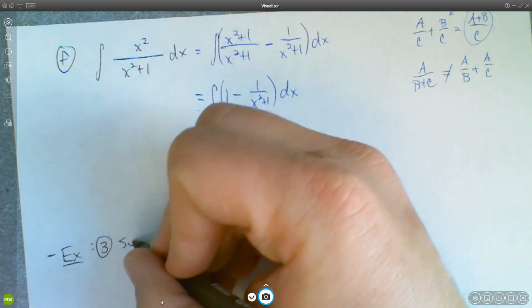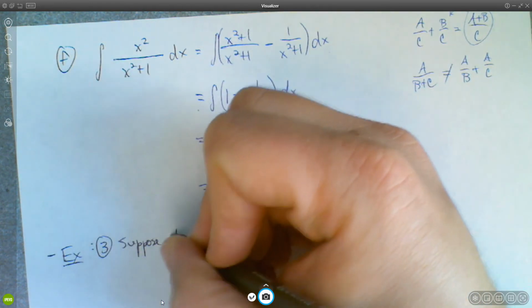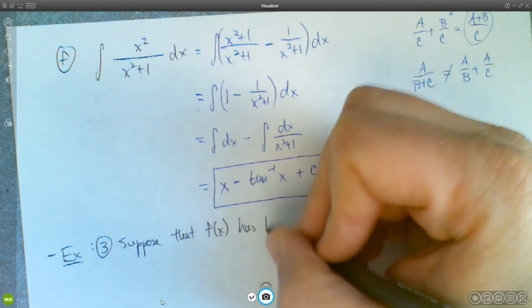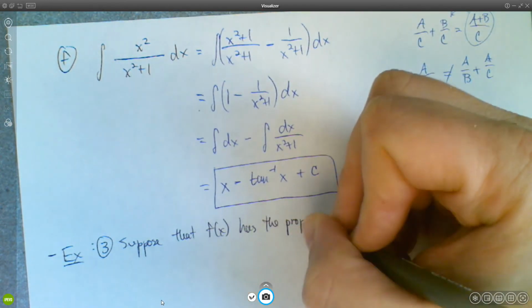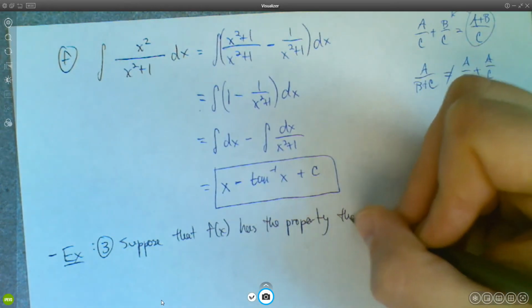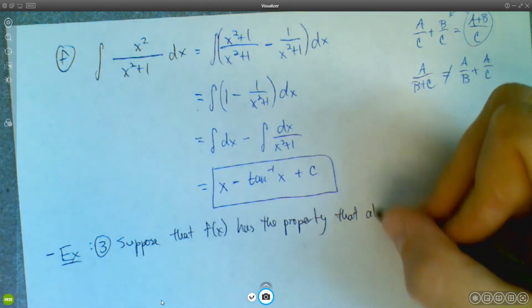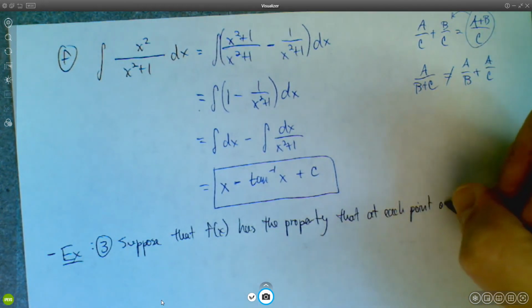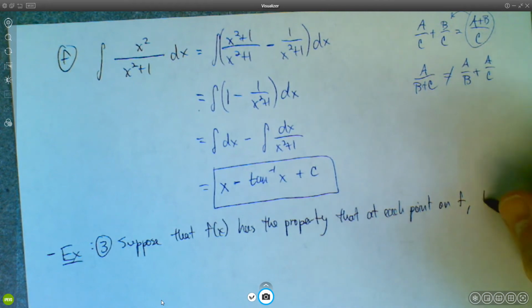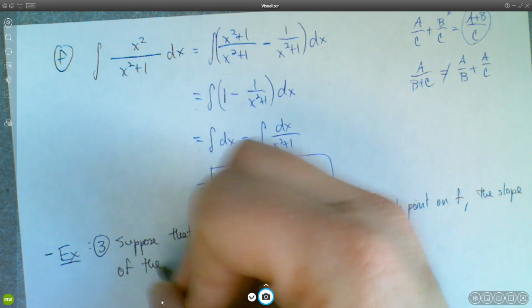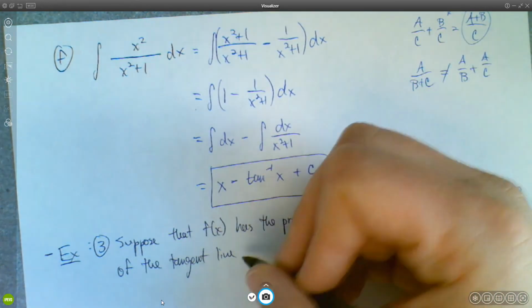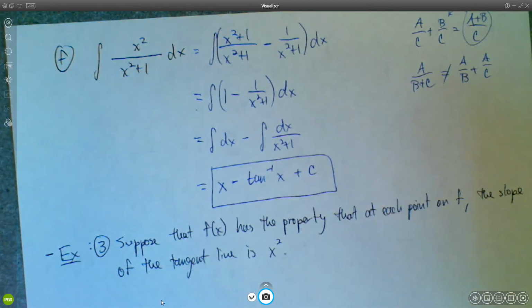So let's suppose that f of x has the property that at each point on the graph of f, the slope of the tangent line is x squared.